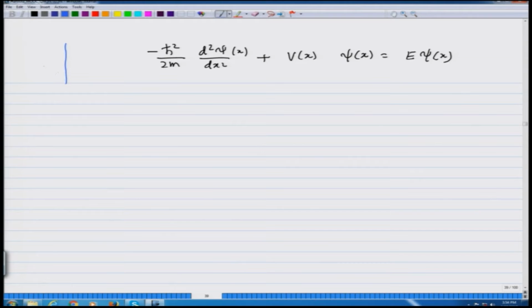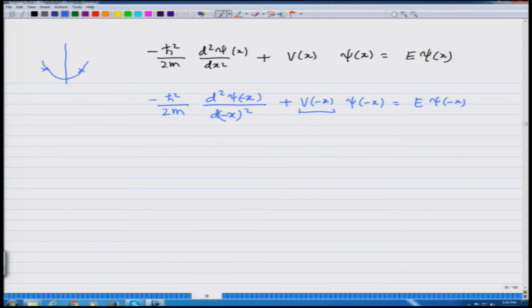So, that is some potential is there, and instead of writing here I want to write the equation for the other side. This is going to be minus h cross square over 2 m, I can just change signs, d2 psi minus x over d minus x square plus V minus x psi minus x equals E psi minus x. This is same as V x.